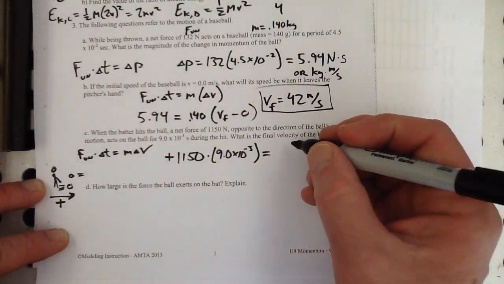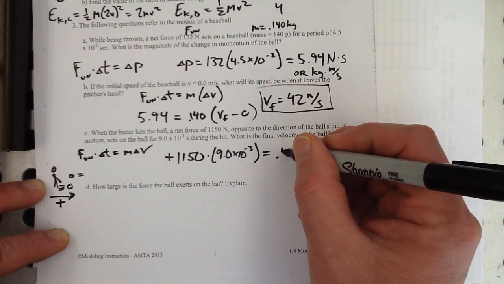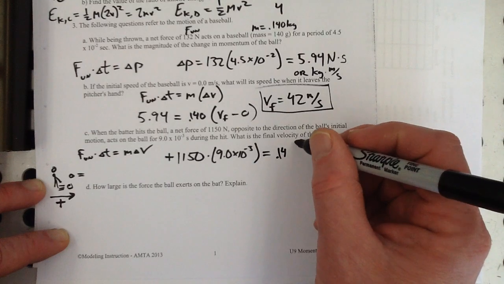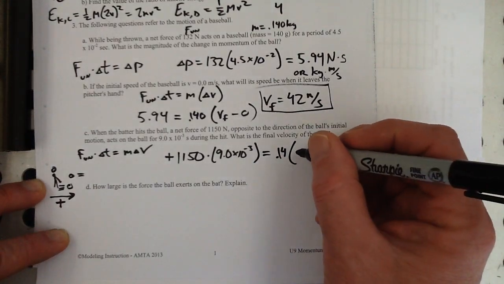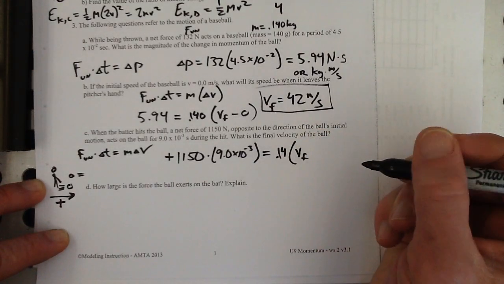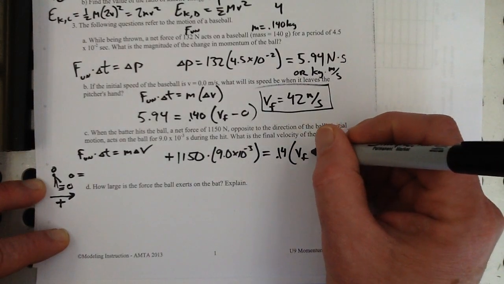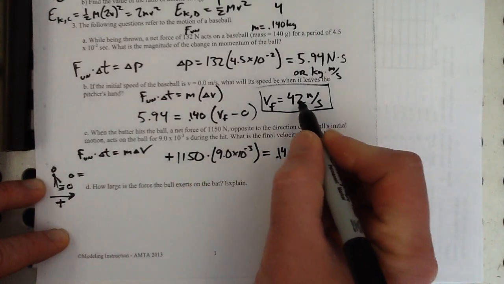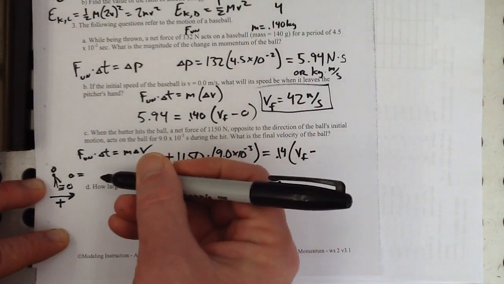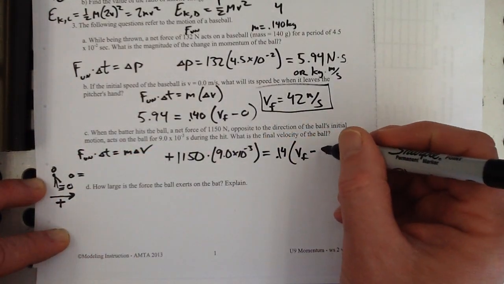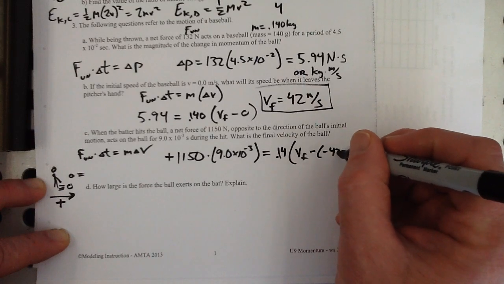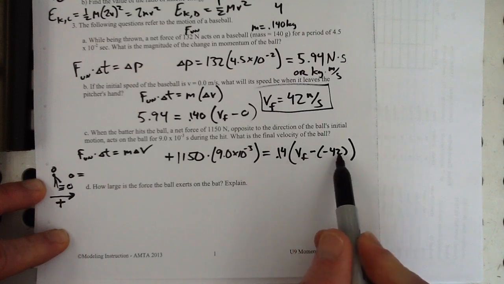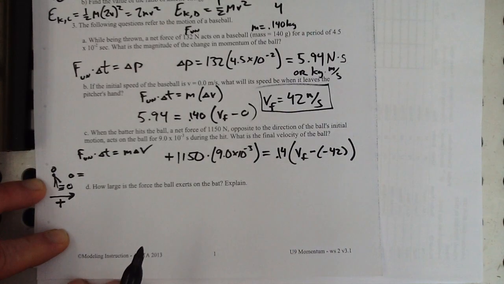And then I have the mass of the ball, 0.14, and then I have the change in velocity here. So the final velocity of the ball is what we're looking for, and minus the initial velocity of the ball is 42 meters per second that way. That's in the negative direction. So that is the mistake that is easiest to make, to not deal with that.